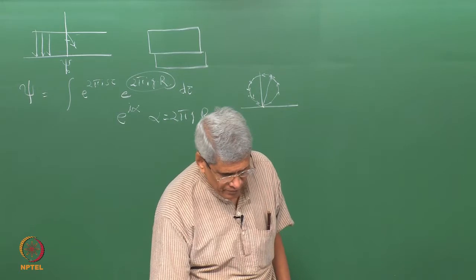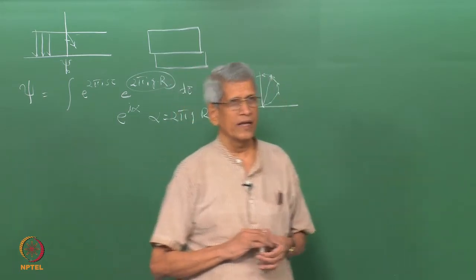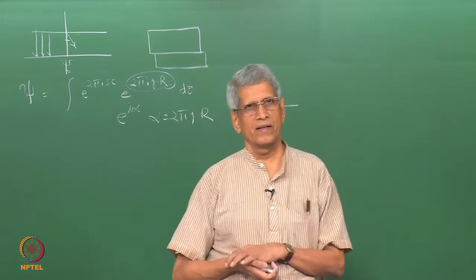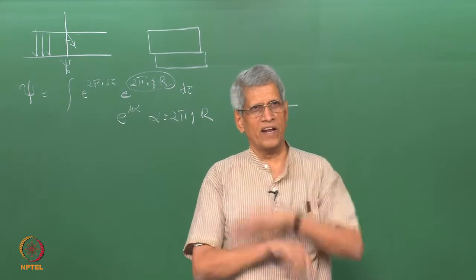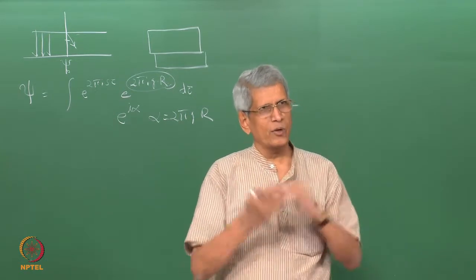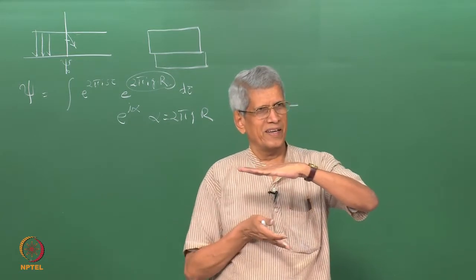Now let us take another case. Suppose one crystal is sitting on top of another crystal, and the lattice parameter is the same. That also happens, that is, you have a matrix in which a precipitate is there.